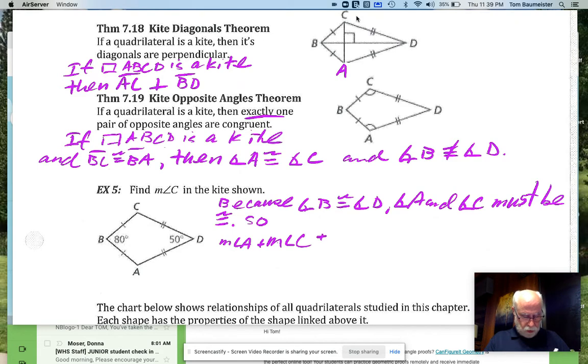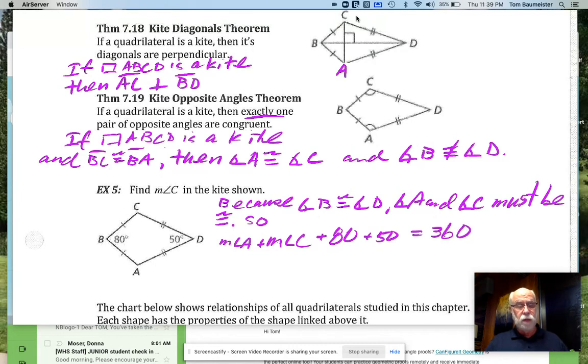Plus the measure of angle B, which is 80 degrees, and D is 50 degrees. And what does the sum of the angles of a quadrilateral always equal? 360 degrees.